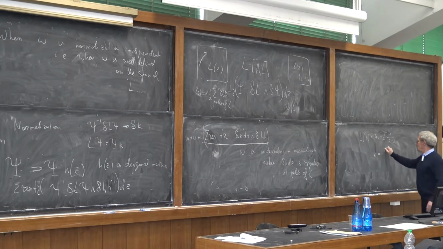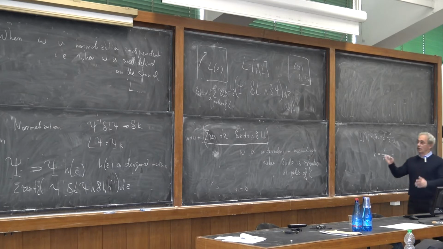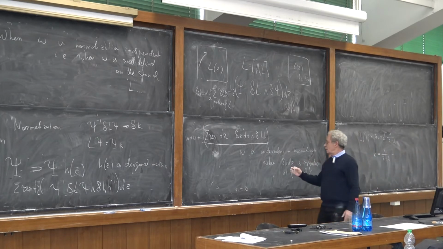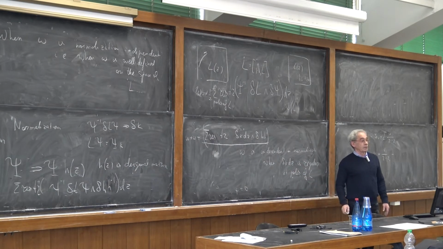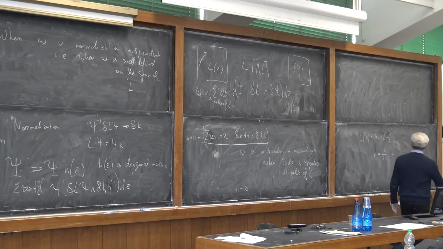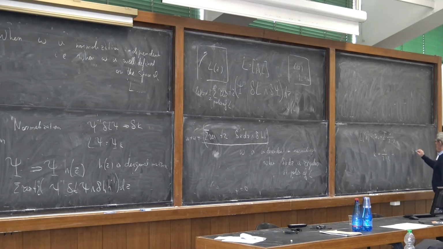So near z_i, it is nu_i over z minus z_i plus so on. So what does the condition that delta K dz is regular say? It says that delta nu_i equals 0.